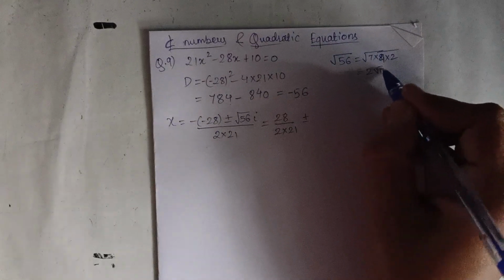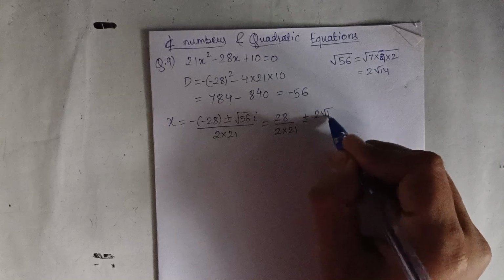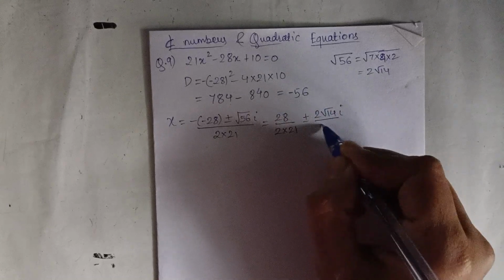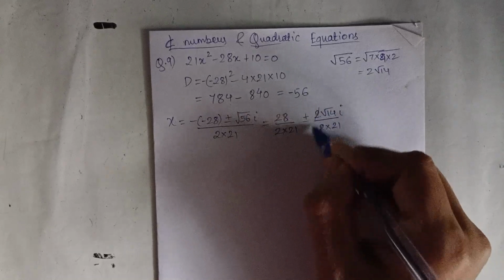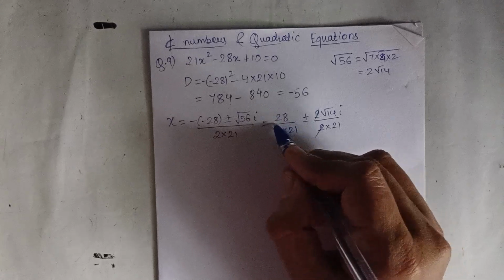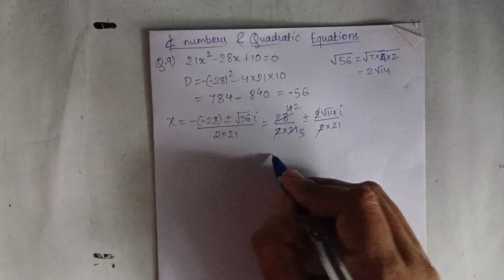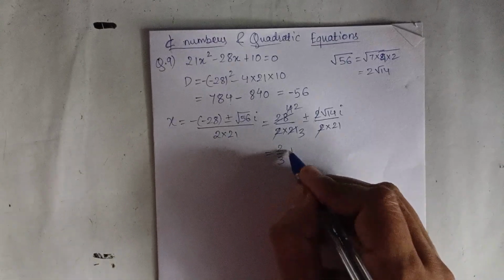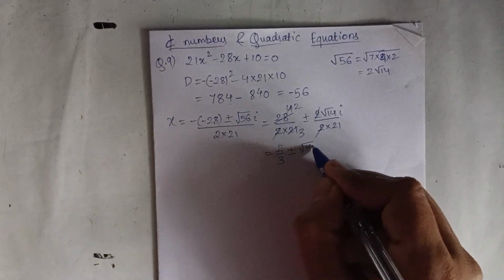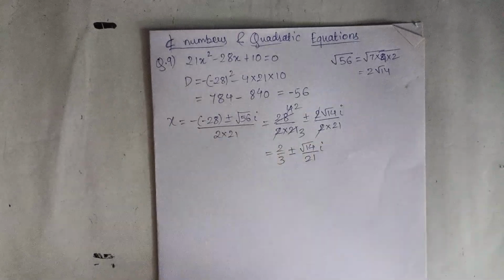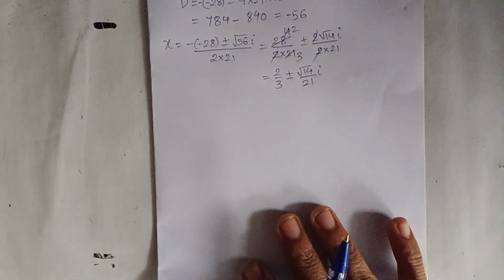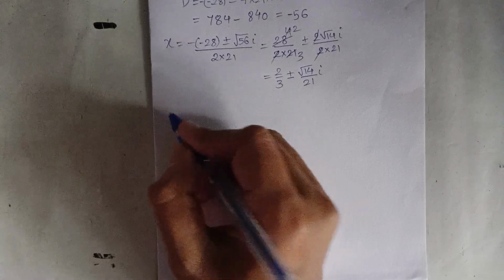So 2 root 14. So 2 by 3 plus or minus root 14 upon 21i. Okay. Next question, question number 10.